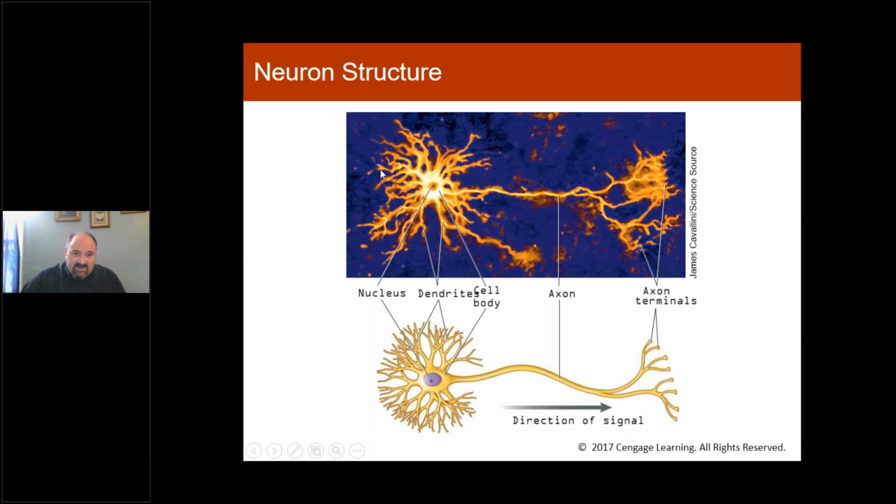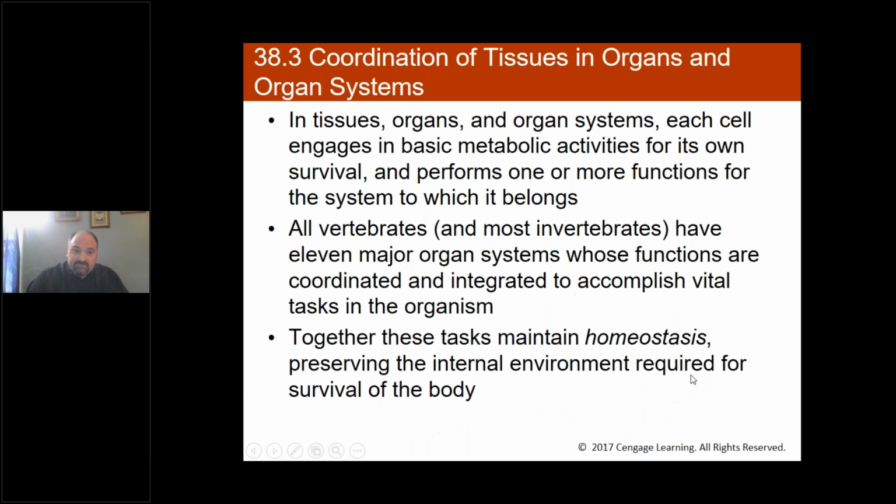They're carrying information to the cell body, and then the axon takes information away to another area to interact with nerves, muscle, or glands. So the signals come in here, go to the cell body, and then travel along the axon to another neuron, to two more dendrites, or to skeletal muscle, or to glands.